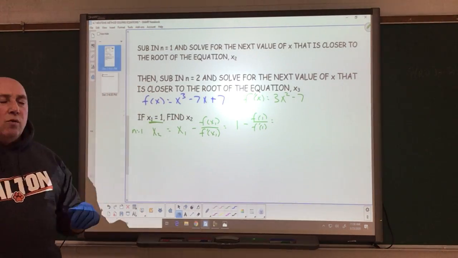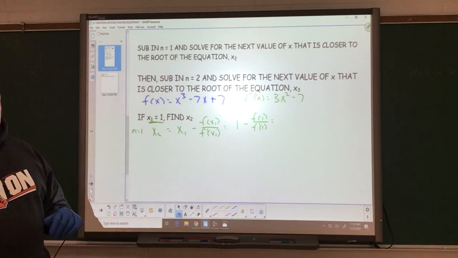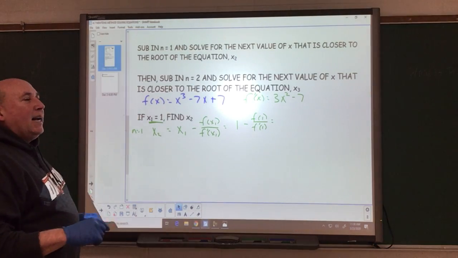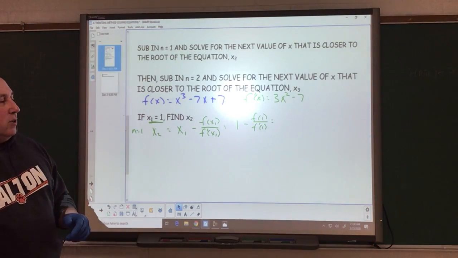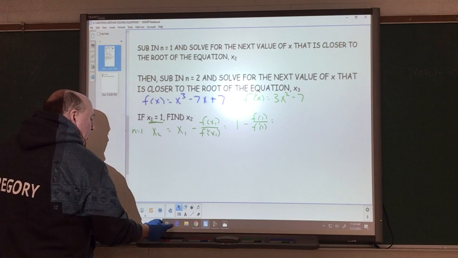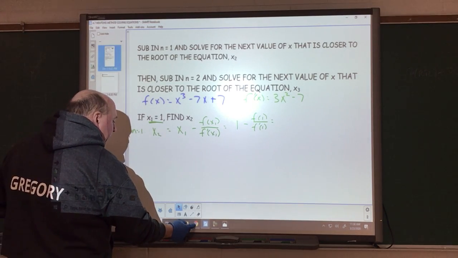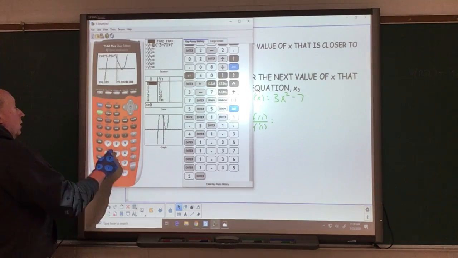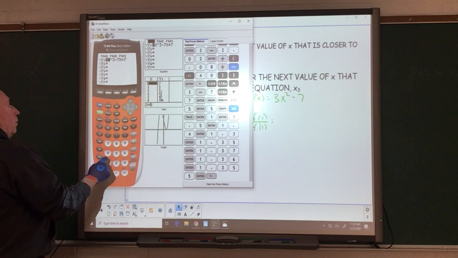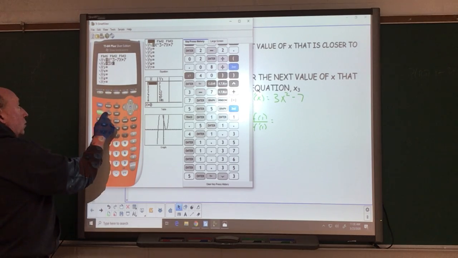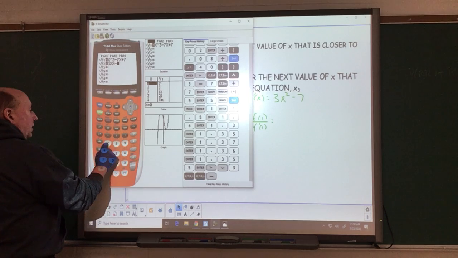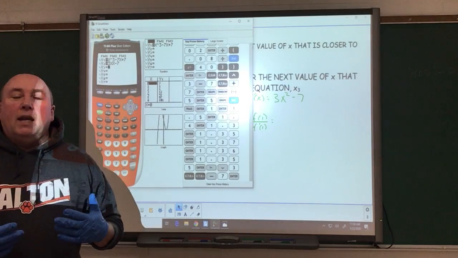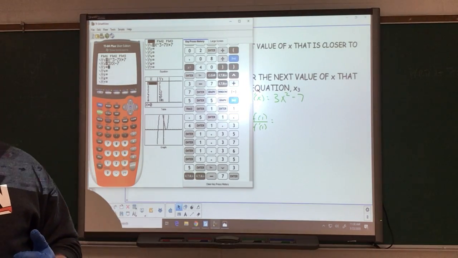Now this is easy to do right now because we have a whole number. What I would suggest is that into your y2, you type in your derivative, which is 3x squared minus 7. So then you can now utilize the derivative.